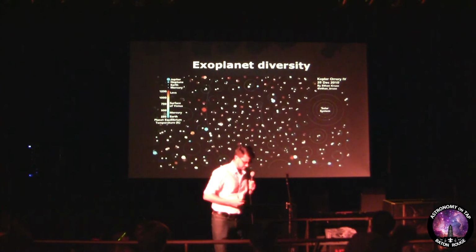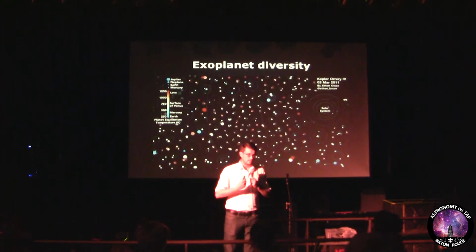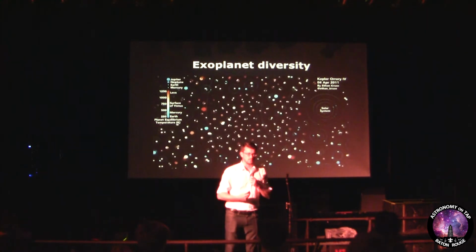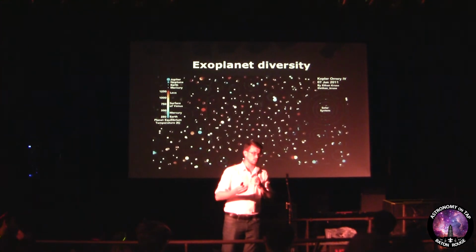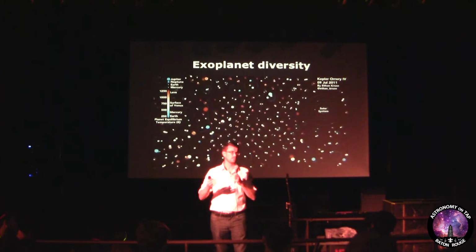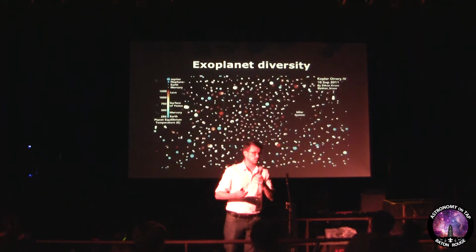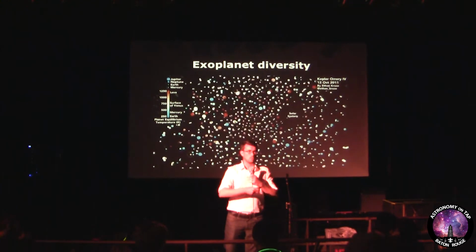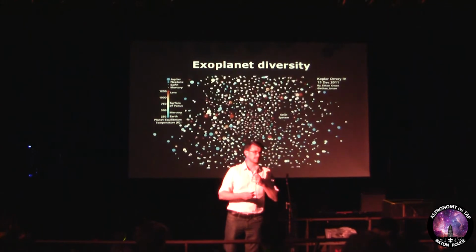In addition, the planets we found are around evolved stars. So these stars are hundreds of millions or billions of years old. Like in our own solar system, our sun is 4.5 billion years old, and nothing happens in our solar system. So the planets won't change their orbital elements, they won't change their mass.